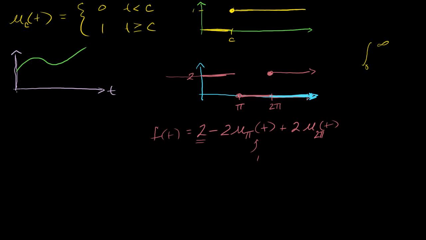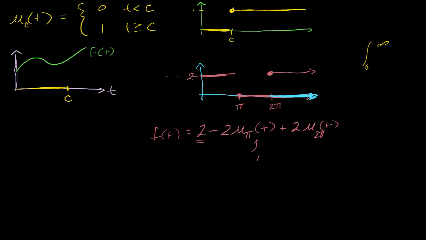Now, what if I'm modeling a physical system that doesn't do this? That actually, at some point, let's say it stays at 0 until some value. I'll call that c again.